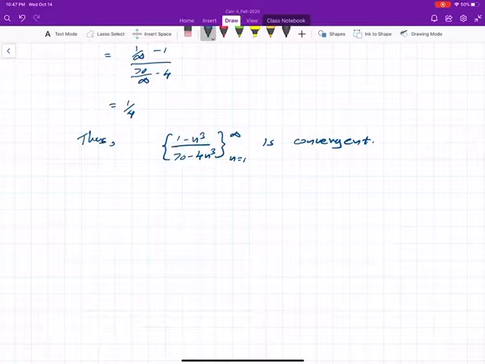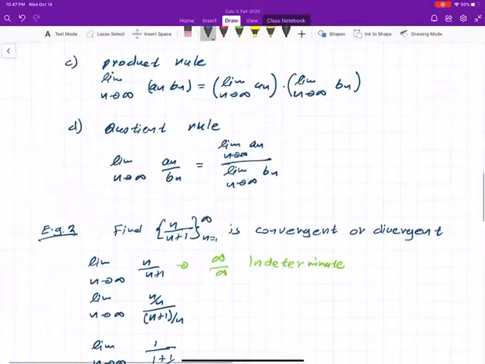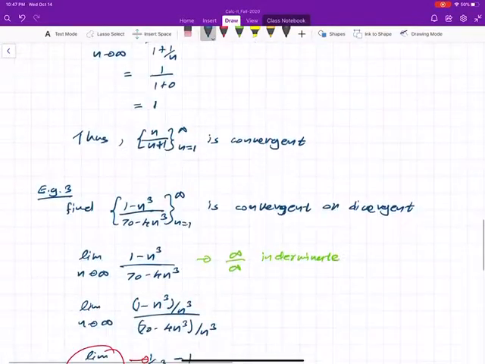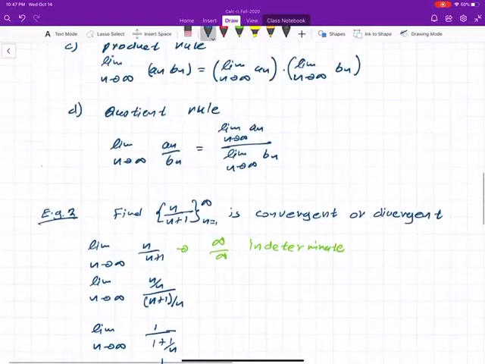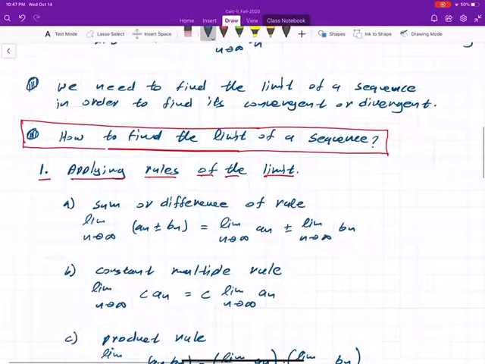So this is the first case that we discussed right here. This is the first case, applying rules of limit.